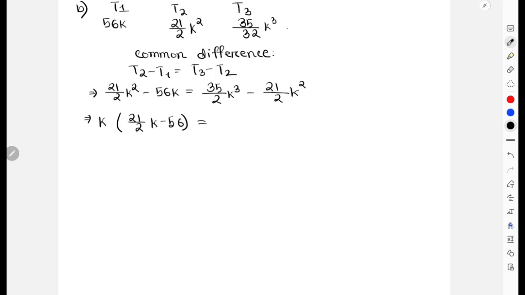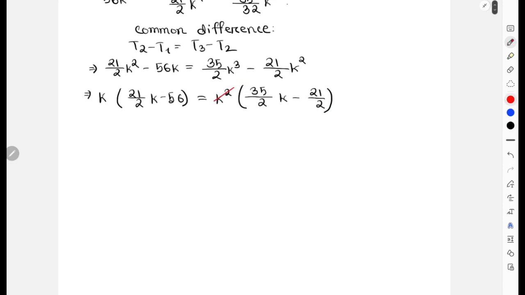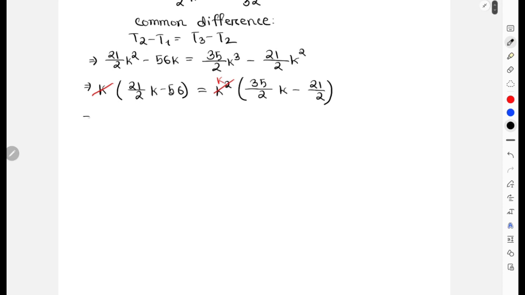And from the right hand side, I can take k square common, so you have 35 over 2k minus 21 over 2. The k square and k will cancel out and leave 1k on the right hand side.